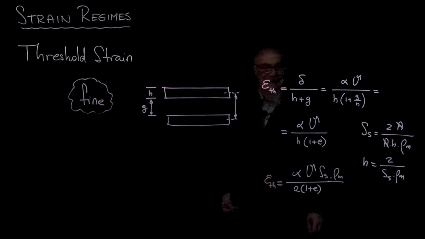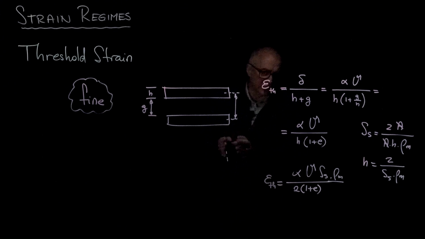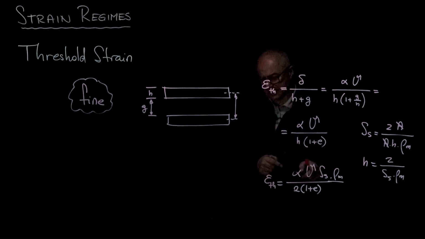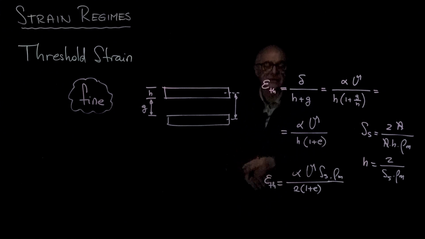It tells us that the higher the specific surface, the higher the threshold strain, where I will go from small strain to large strain behavior. Second, it tells us that it depends on the double layer thickness. That means that if you are dealing with a material that has a narrow double layer thickness because there is high salt, a marine clay versus a lacustrine clay, the marine clay will have lower threshold strain. It will be more sensitive.